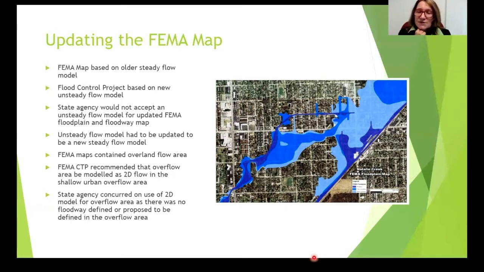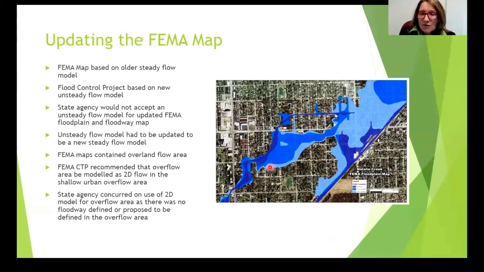We had looked at using that unsteady flow model to update the FEMA map, but IDNR, the state agency that also reviews floodplain mapping and modeling for FEMA maps, was not eager to have unsteady flow models used for floodplain and floodway mapping, and asked that we convert that to a steady flow model.